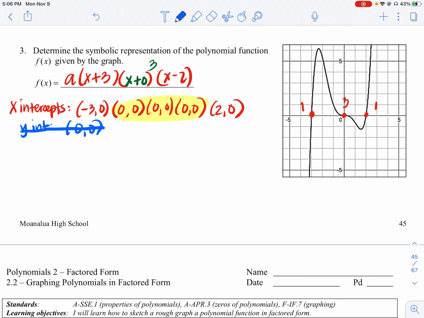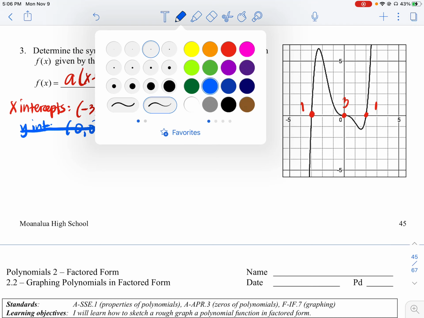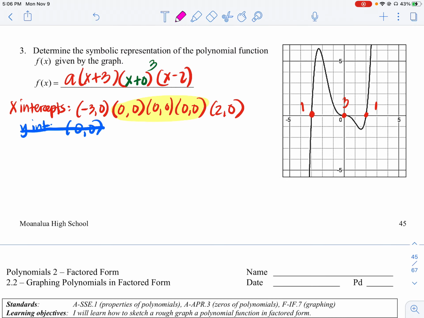So I'm going to give you a clue. You will find a different point on the graph that you could use to find your a value. And that point would be this one right here. That is negative 1 comma 4. So another point, which is negative 1 comma 1. Is that correct? Negative 1 comma 1.